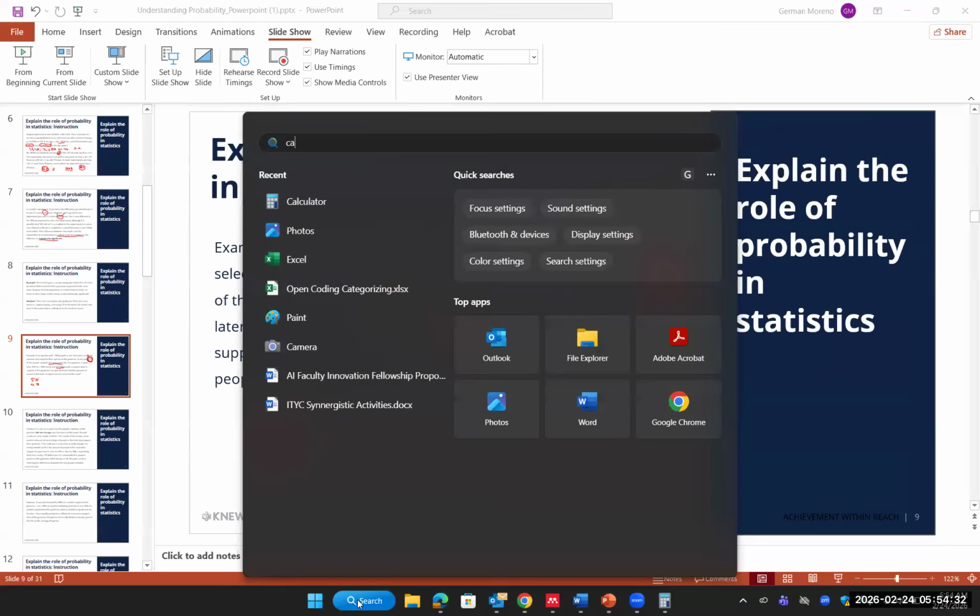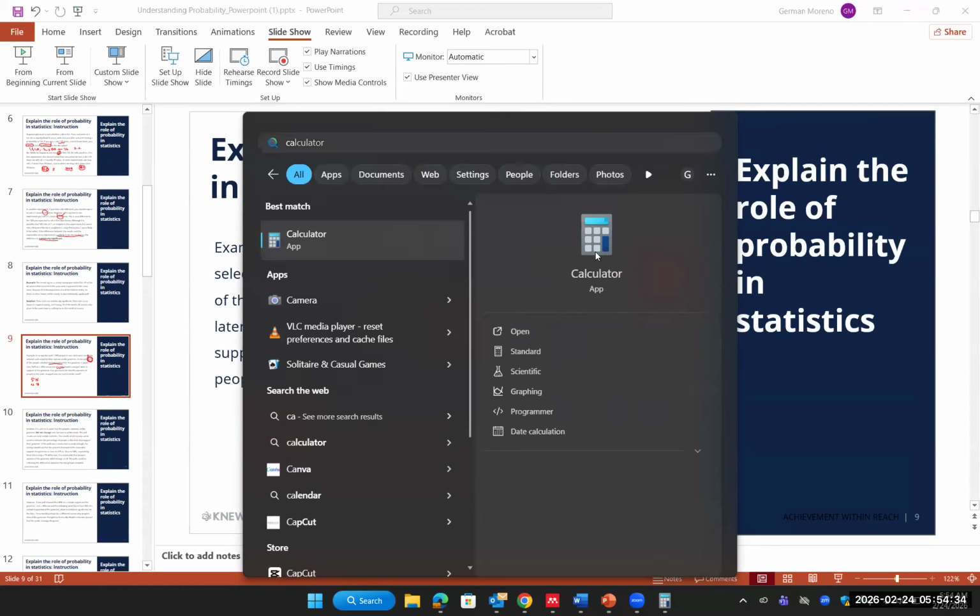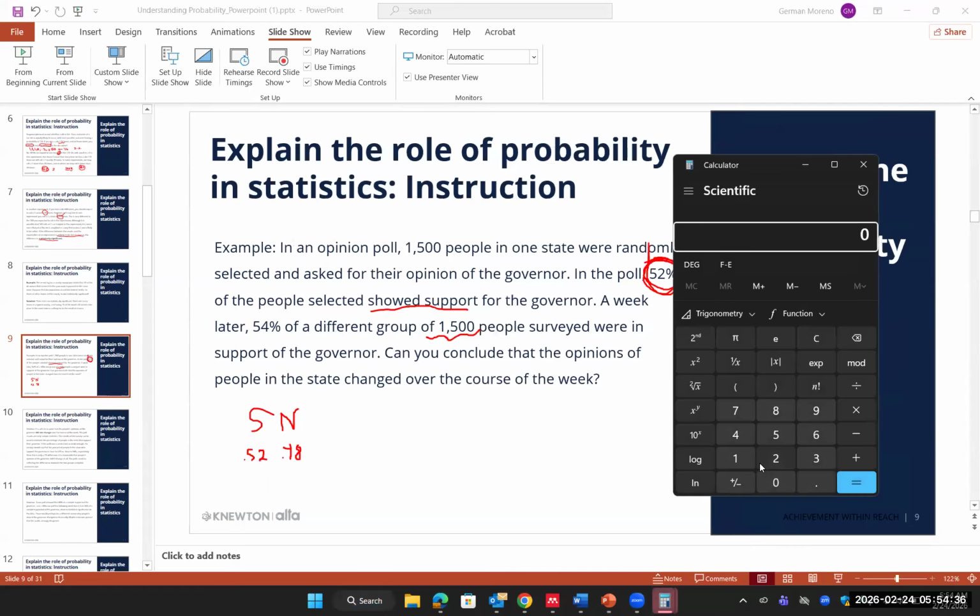So we've got 1,500 people or coins, and 54% of that. 0.54 of 1,500 is 810.